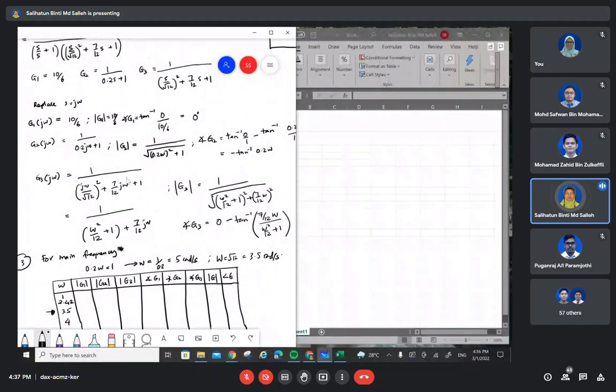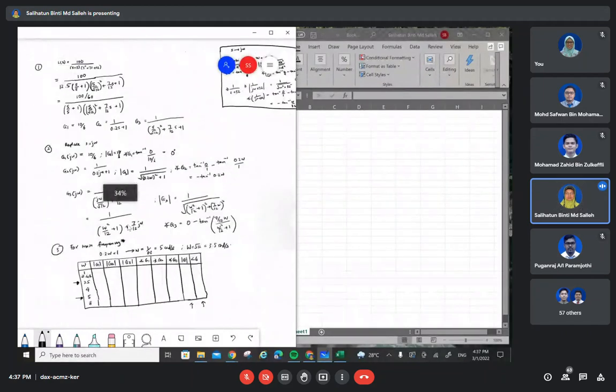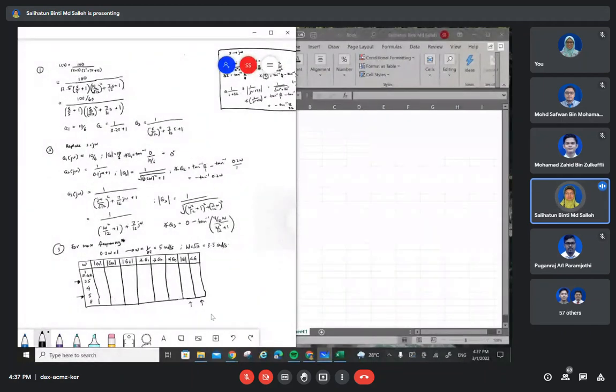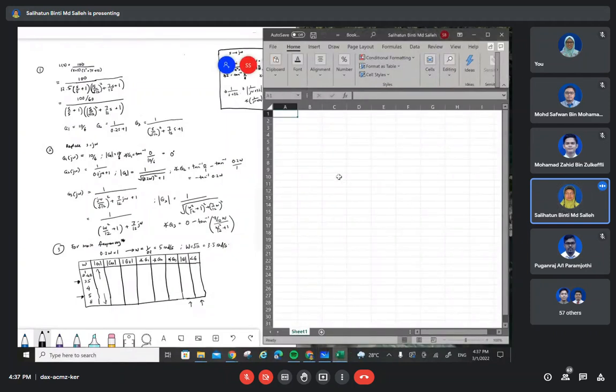So it's constant value, without affecting the omega. We make a table here. So it's G1 magnitude. G1 equal to 10 divided by 6.